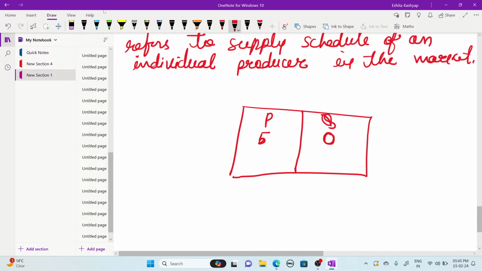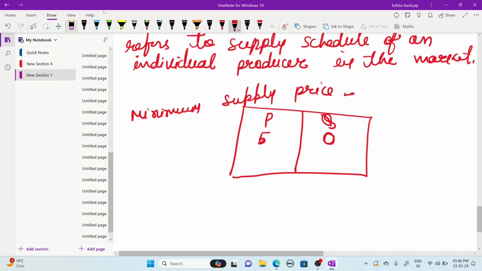Let me tell you one thing, I will also discuss the minimum supply price, which is also known as the reservation price. Briefly, the reservation price is nothing but the minimum price below which a producer is not ready to sell his output. So this refers to the minimum supply price, or the reservation price.